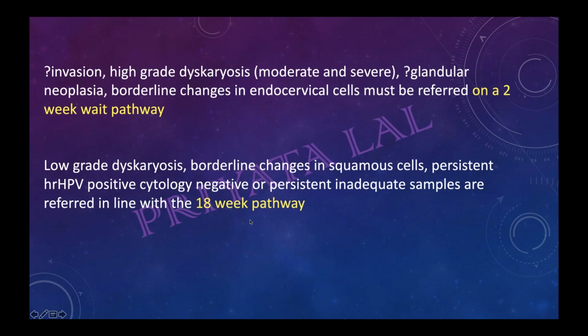Just remember this: any invasion, high grade dyskaryosis, moderate and severe, glandular neoplasia, borderline changes in endocervical cell, they are in the 2-week pathway. Rest apart from this will be on the 18-week pathway.